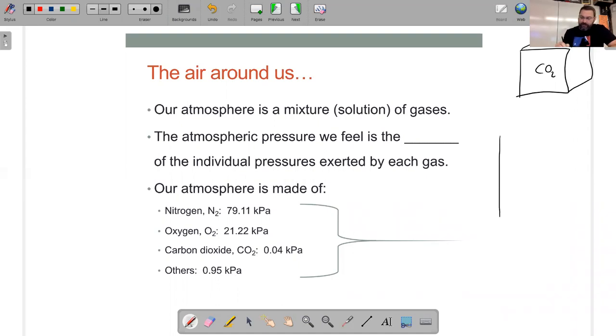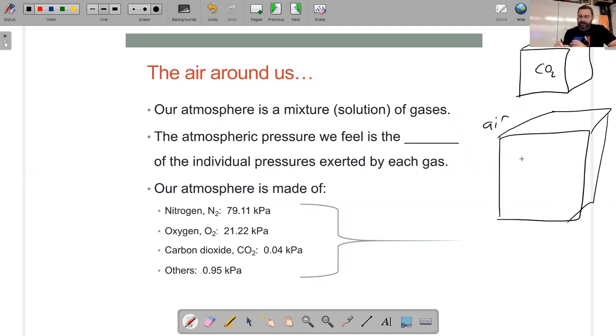The thing is that when you have what we call air, the air itself has nitrogen, oxygen, carbon dioxide. Oh, another one that's not mentioned here is water vapor, as you exhale water vapor. There's radon. There's argon. There's all kinds of different gases.